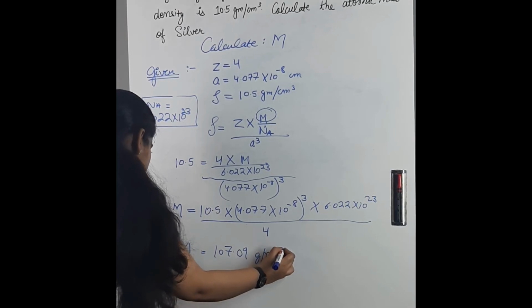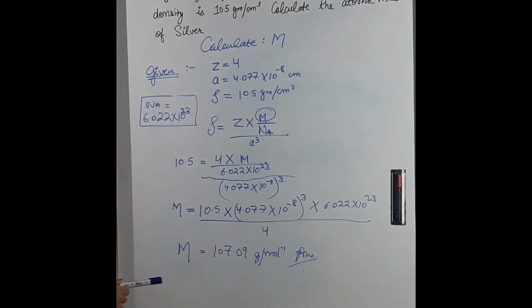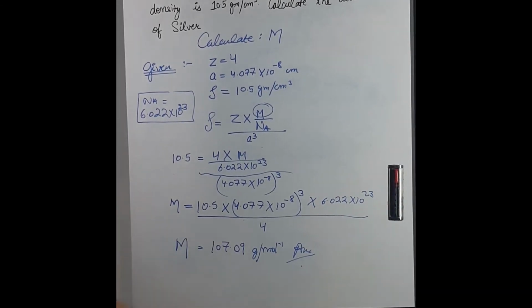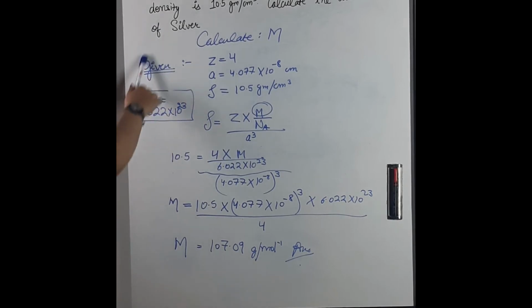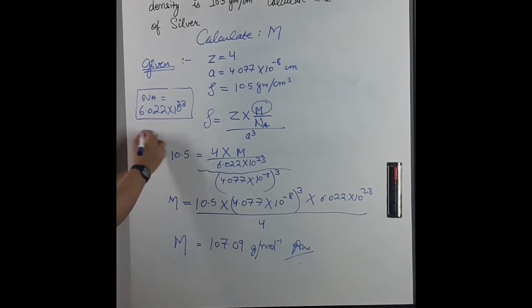Don't forget to put the unit, guys. And this is your answer. That is, the atomic mass of silver is equals to this. If you solve the question like this, you will get 2 out of 2 marks depending upon the question.